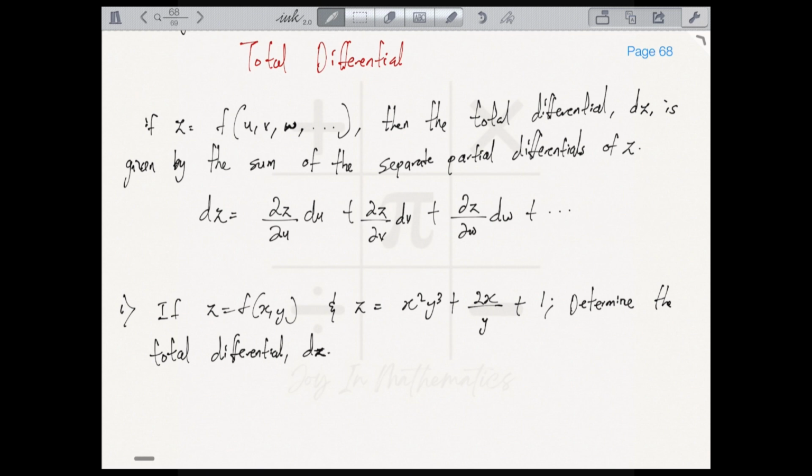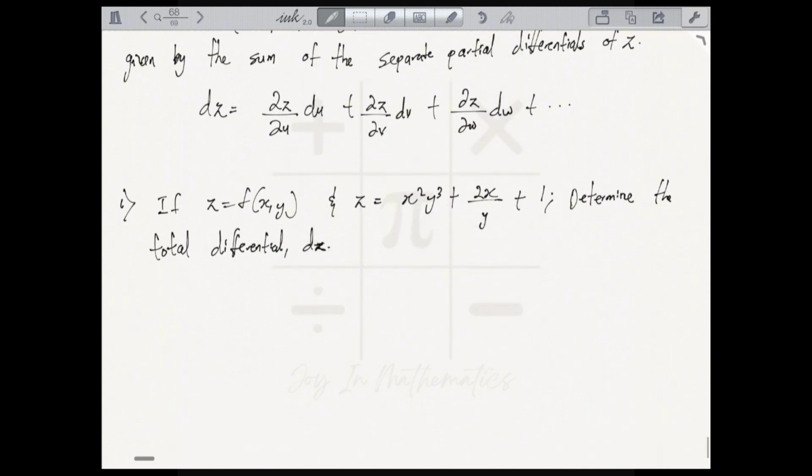Now let's take a look at this example. It says if z is a function of two variables x and y, and z is given by this equation, x squared y cubed plus 2x over y plus 1, determine the total differential. Now if z is given by two variables, then the total differential formula, that is dz, will be equal to dz over dx multiplied by dx plus dz over dy multiplied by dy.